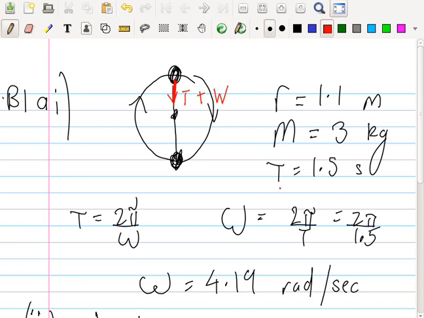Now, we want the tension. The weight's not going to change. Let me just make sure I get the sign the right way around first here. At the bottom.